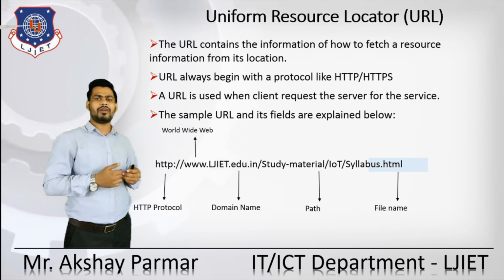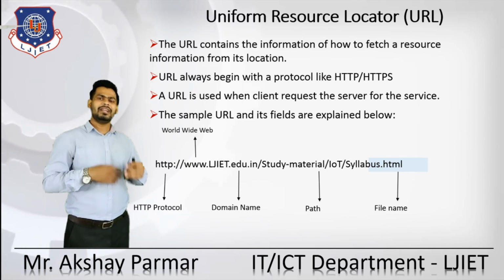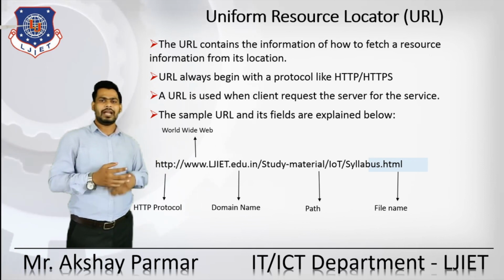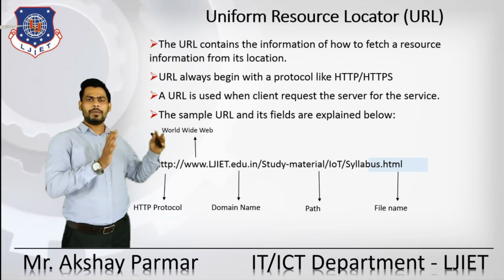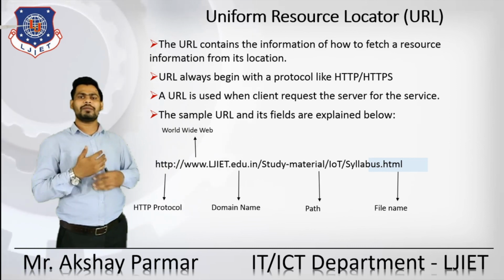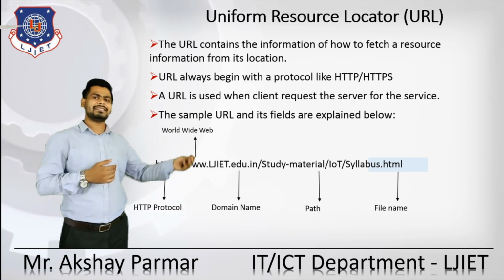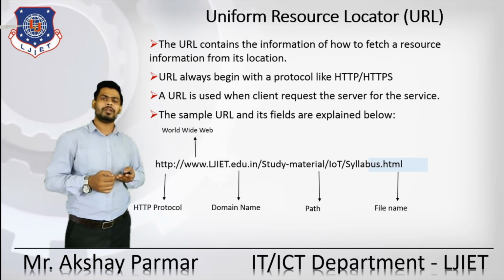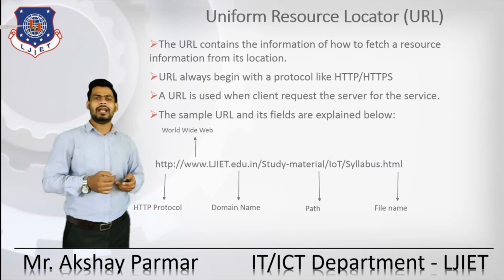The HTTP protocol defines which kind of protocol we are using, then we reach the domain name with the help of the World Wide Web, and then we follow the path to access the file name. All of that is defined in the URL.